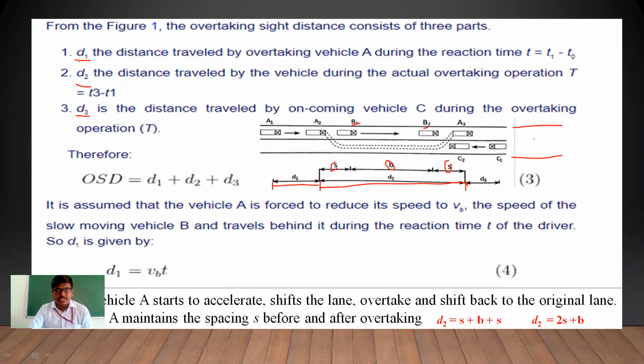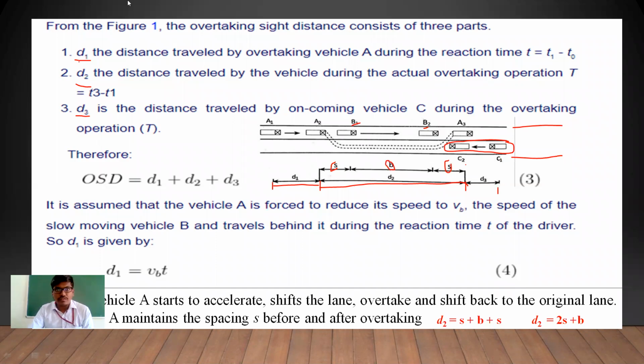That's why we need to consider the opposite vehicles coming during the overtaking operation. Here the opposite vehicle is C. The distance between C2 and C3 of vehicle C, coming in the opposite direction, is D3. So that is the third component.